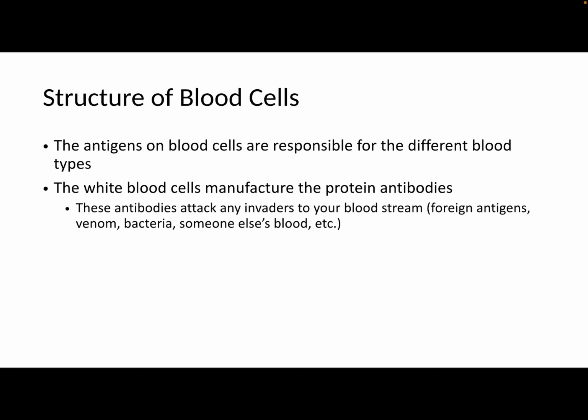And the antibodies are meant to attack any invaders into your bloodstream. This might be any foreign antigens that are not supposed to be there. Venom, if you get bit by a snake or something, bacteria, someone else's blood, viruses. All of your immunity starts with your white blood cells that produce those antibodies.